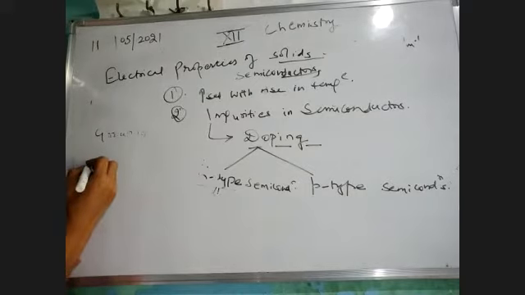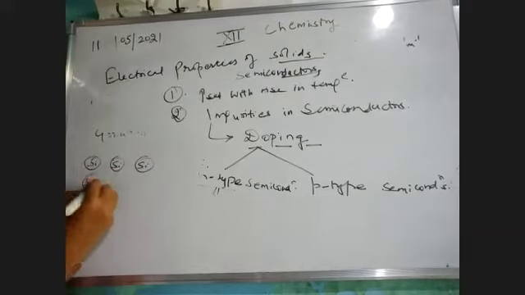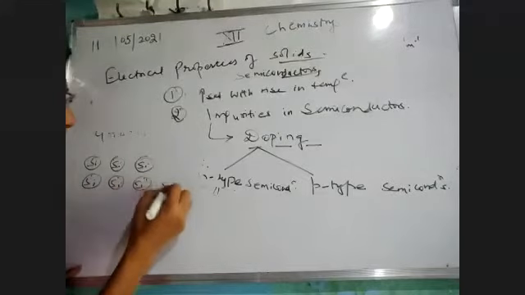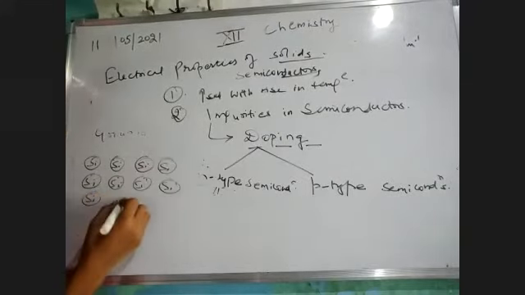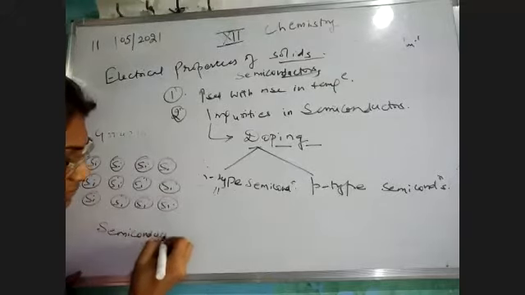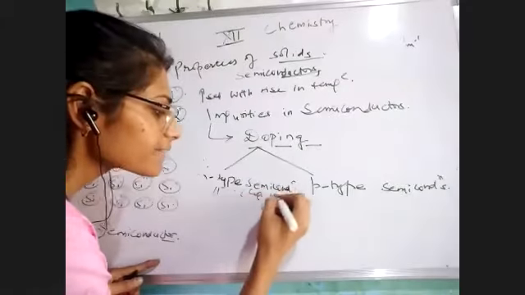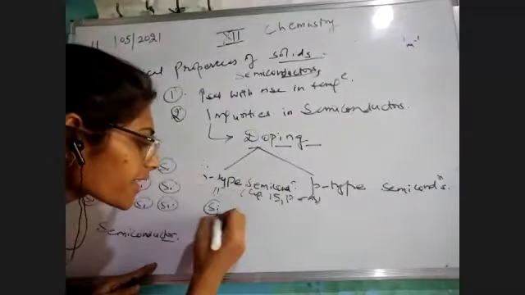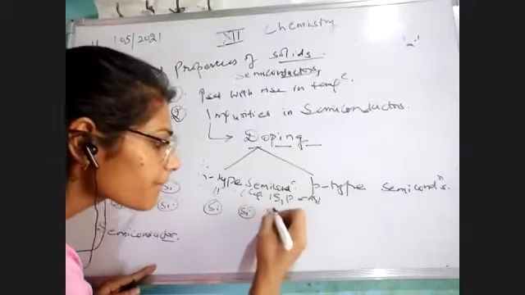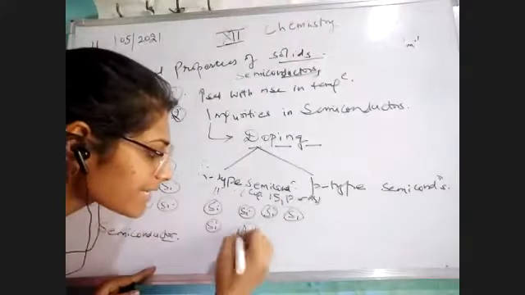Suppose this is silicon, silicon, silicon, silicon, silicon, and silicon. This is a pure semiconductor. Now I am adding group 15 elements like phosphorus or arsenic. What would happen? One of the silicon atoms would be replaced by, suppose, the arsenic element.